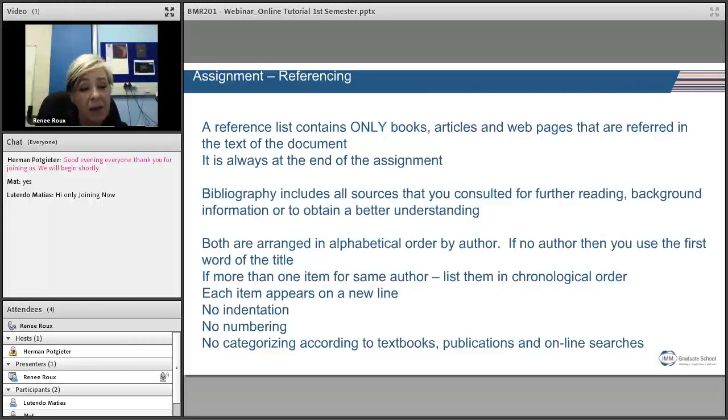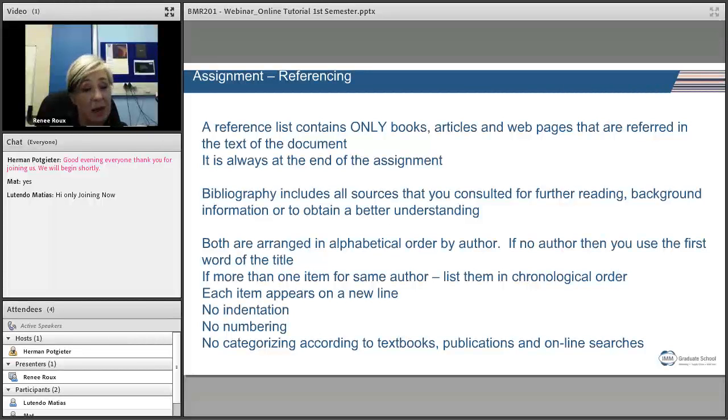And the same if there's more than one author, you use the first surname of the author to order it in alphabetical order. Then sometimes if you, for instance, use the textbook as reference and there is more than one item in the textbook, then you list the items in chronological order for the same author.